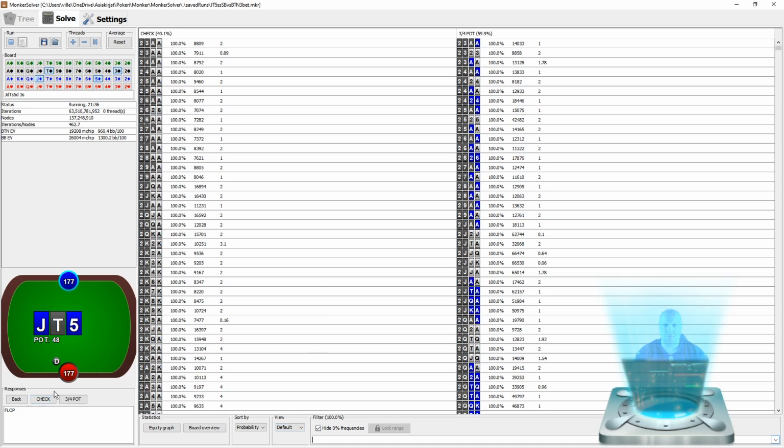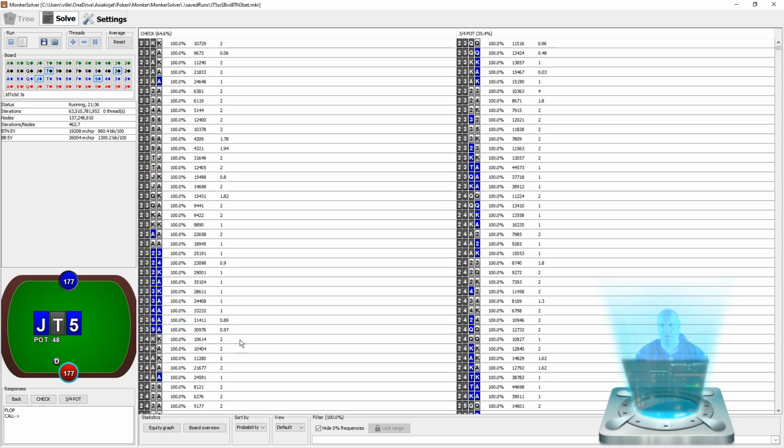So, if the small blind checks, we can see here that the button should bet King 4-4 deuce type of hands. Deuce 3-3. King 2 deuce 3. I mean, complete there.